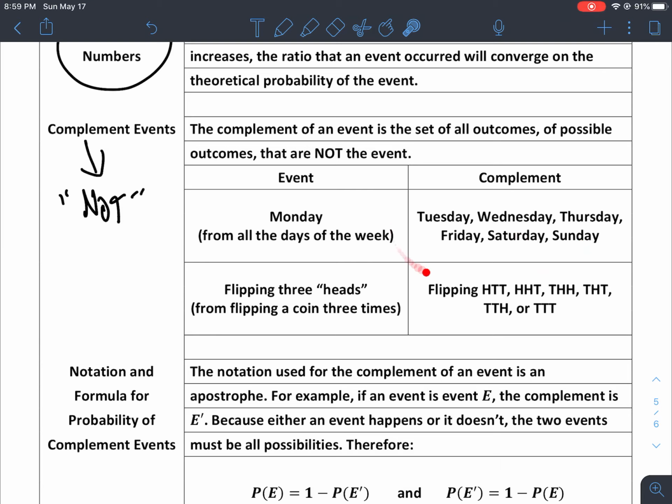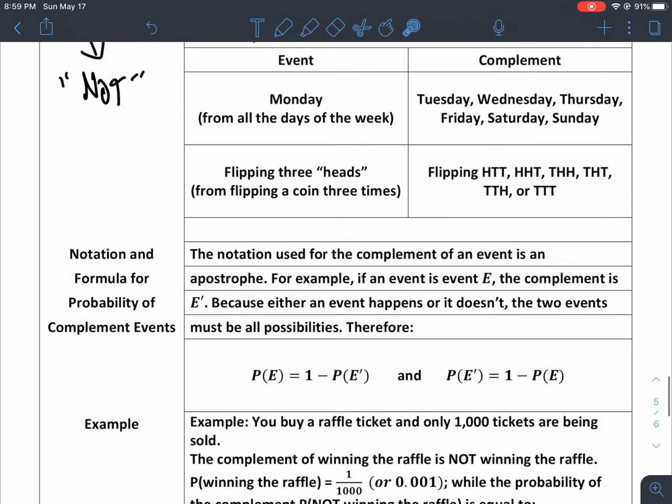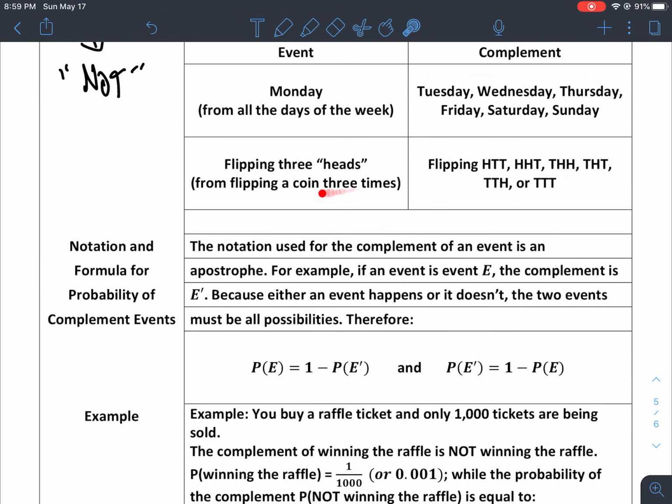So all of these things are not Monday. Another example is flipping 3 heads from a coin 3 times. So that'd look like heads, then heads, then heads. 3 heads in a row. So that's one option. But all of these things are not that option.